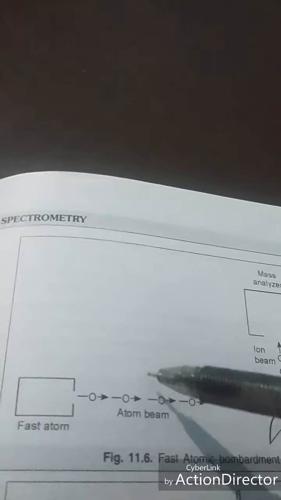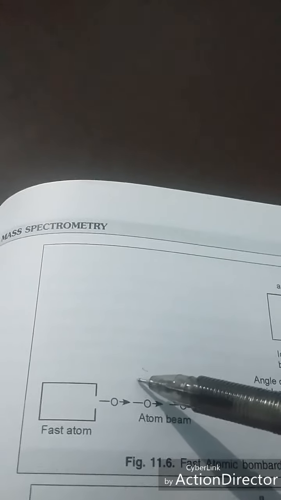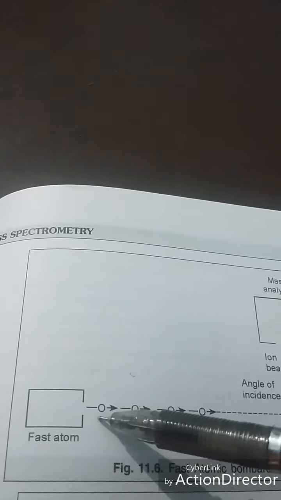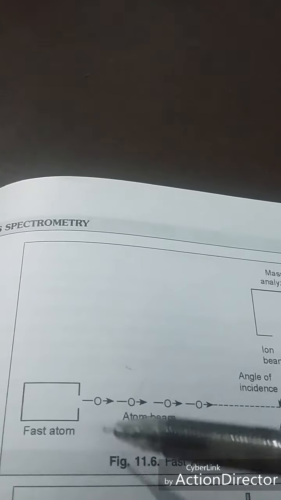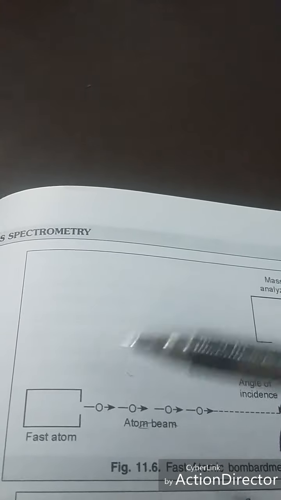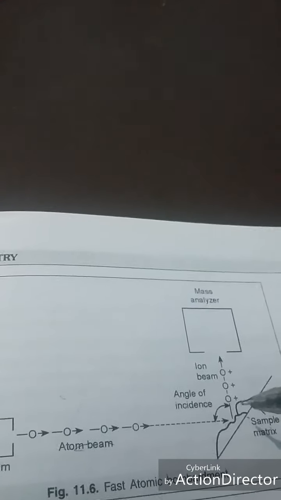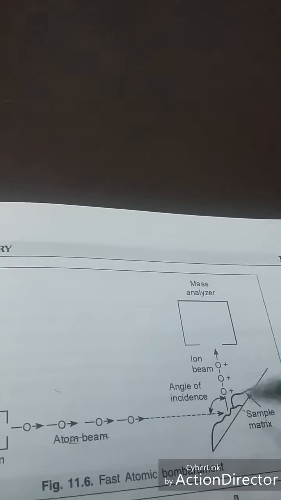This is an example of fast atom bombardment. This was the first technique in which non-volatile compounds were used, and you can see here the atom beam is used for the bombardment. The analyte is dissolved in a liquid matrix, and a small part of it is placed on a metal sheet.